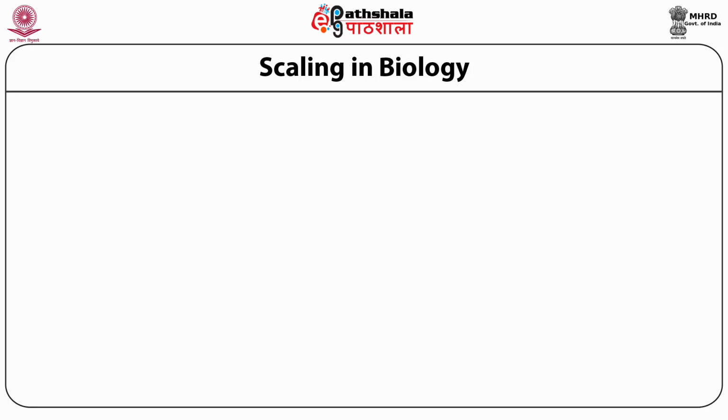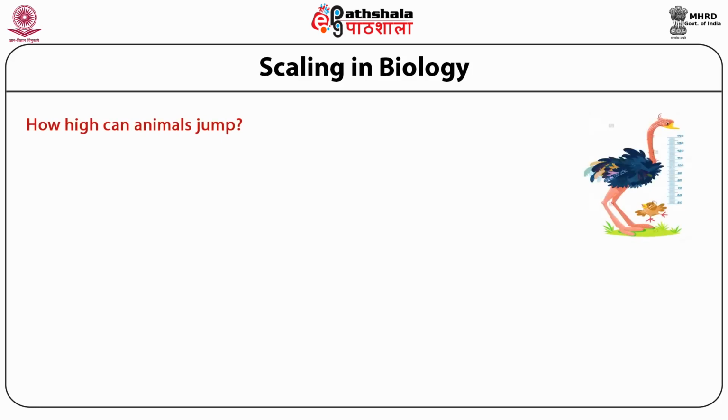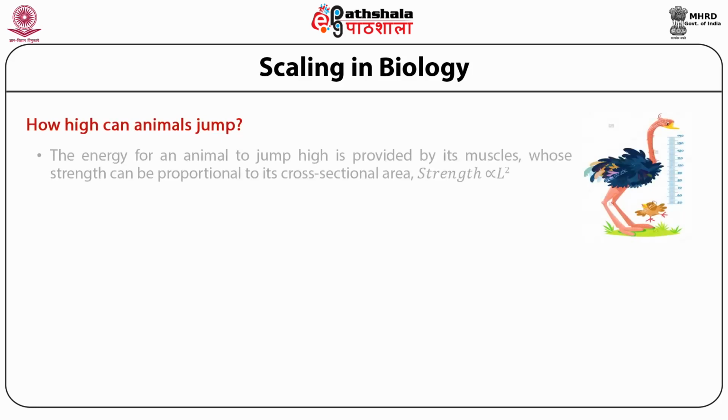Now, if we consider the mechanical abilities of animals of different sizes, a number of scaling laws emerge. For example, the maximum height, or how high the animals can jump. The energy of an animal to jump high is provided by its muscles.